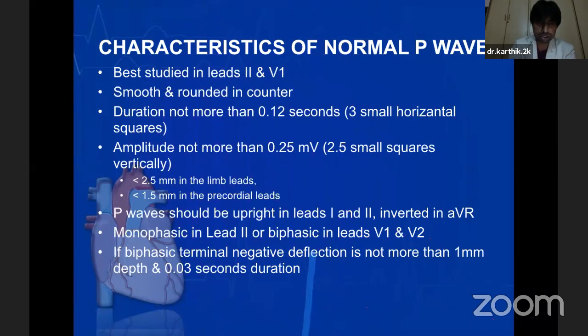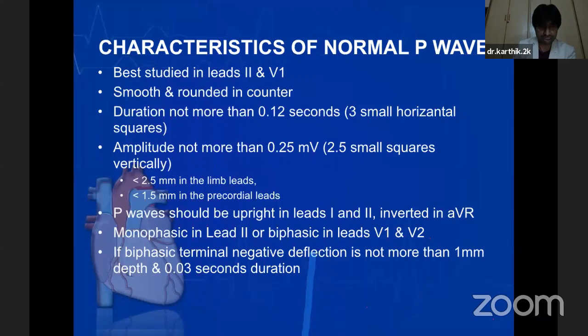P waves should be always upright in lead 1 and lead 2. However, P waves can be inverted in AVR. P waves should be monophasic in lead 2 or biphasic in lead V1 and V2. Monophasic in the sense the P wave is present only on one side of the horizontal axis.